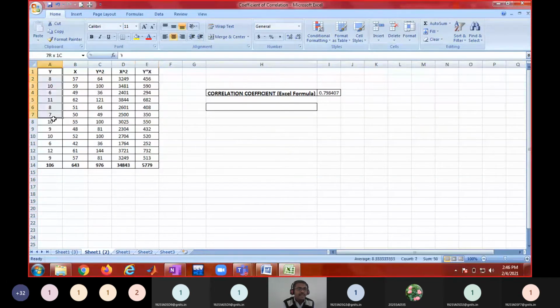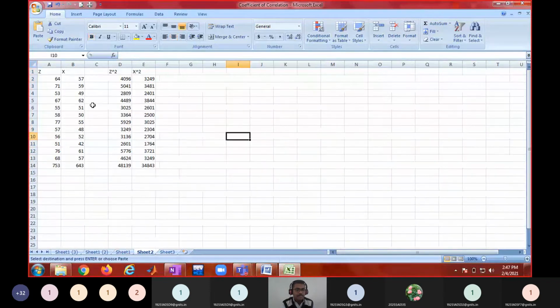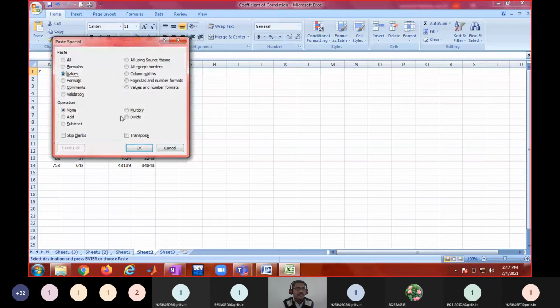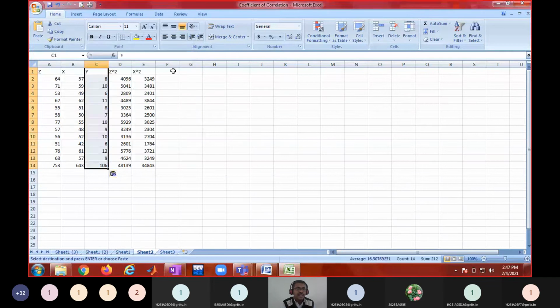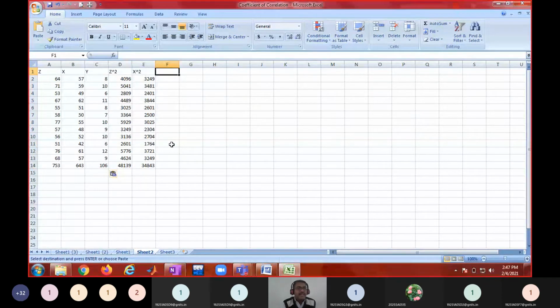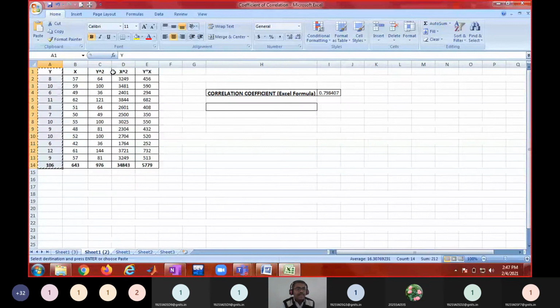Y data you can get from this. What else do we require here? Y square. Y square data you can copy from this.